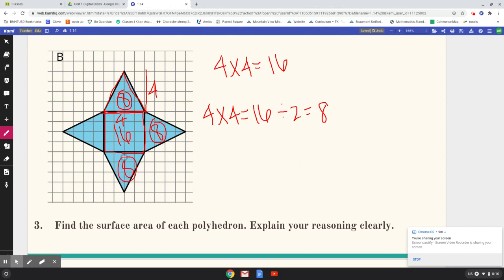So these are all 8, so we don't need to do a ton of math. We just need to add 16, plus 8, plus 8, plus 8, plus 8. And you would get 48. So that would be the answer for the surface area of B.